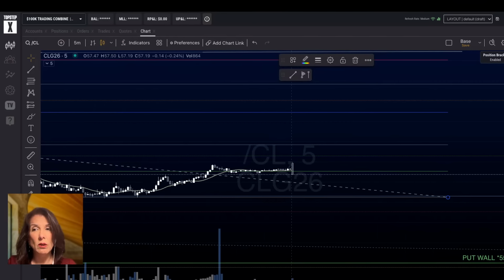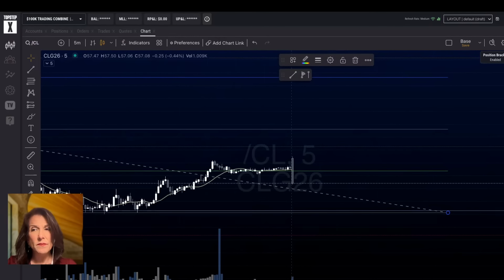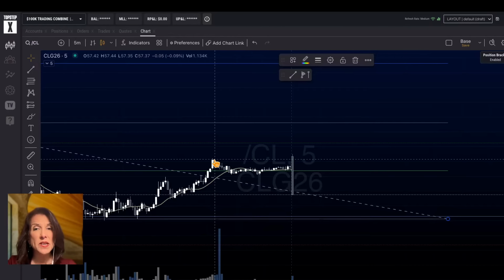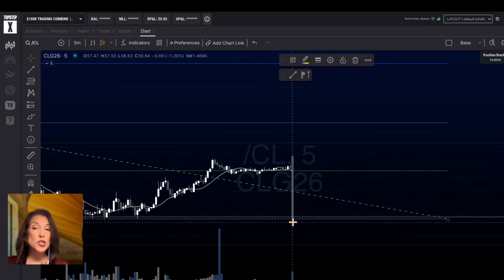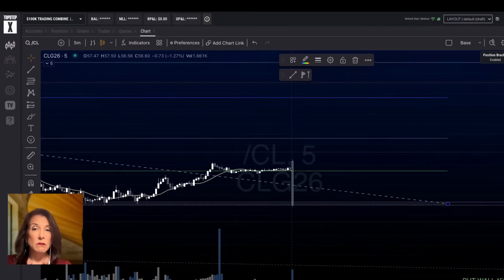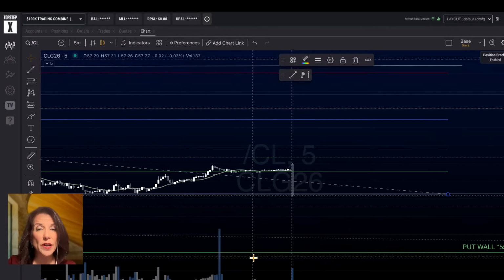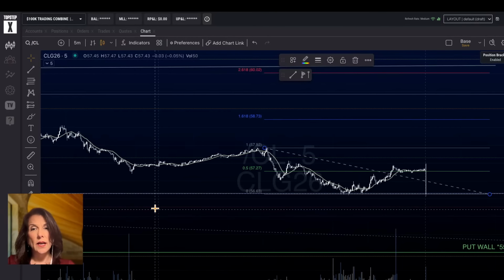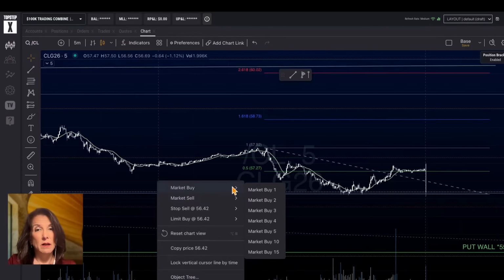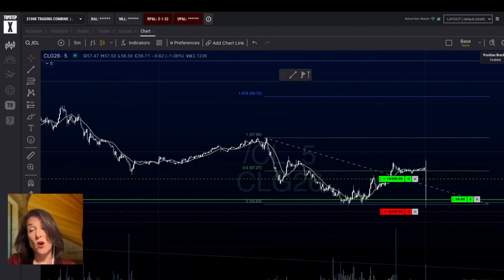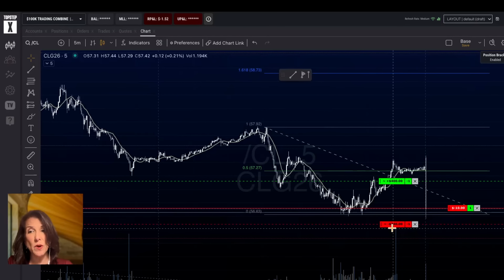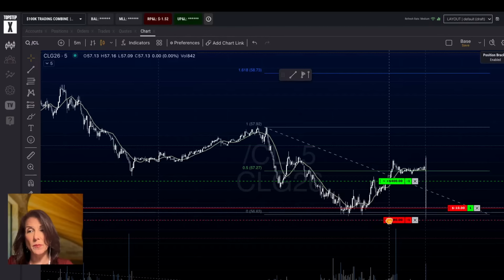Okay, so oil just opened. It gapped up into this baseline and now it's failing. So my thought is this is speculative motion for people. If I were taking an educated guess on this one, I would buy the bounce right here and I would leave my stop at the low.